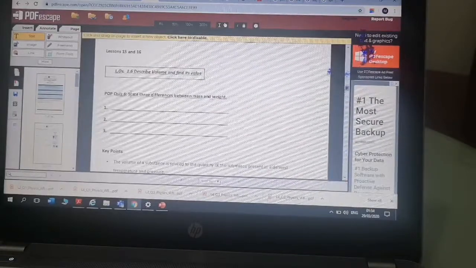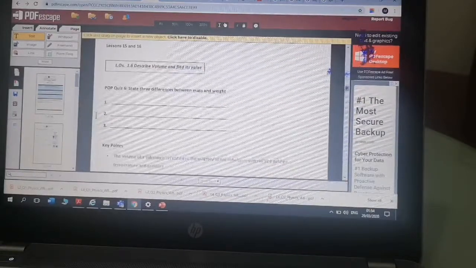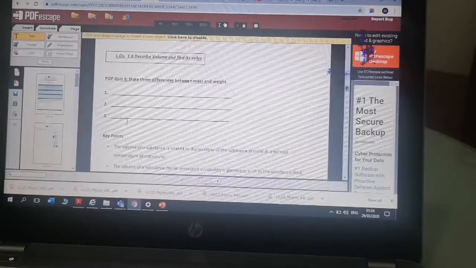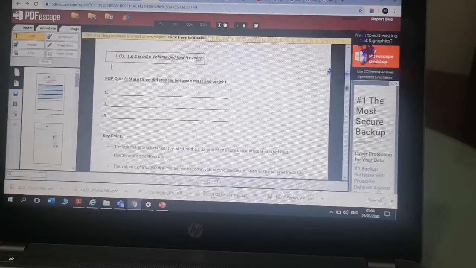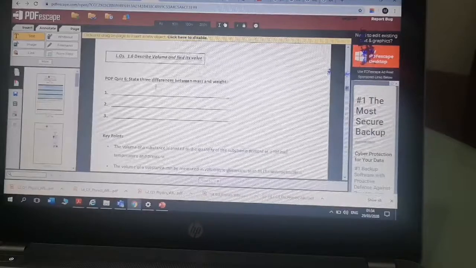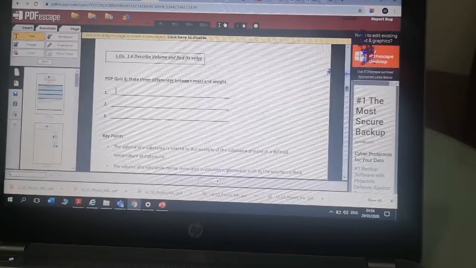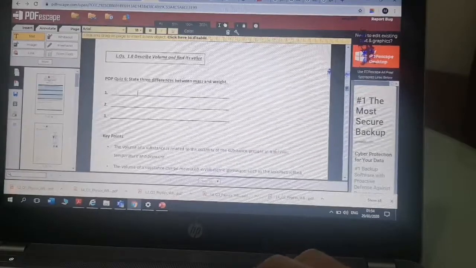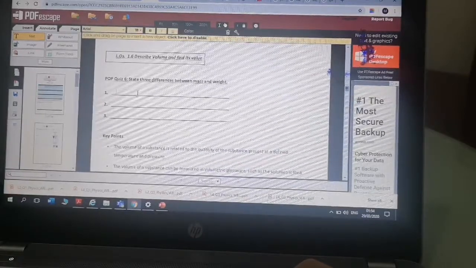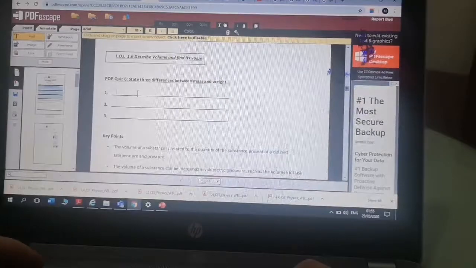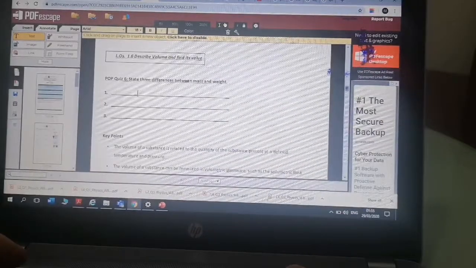Alright. So the first pop quiz is exactly what we just talked about. I'm not going to do all 3 with you. Maybe we'll do the first one together. So 3 differences between mass and weight. The first one that comes into my head is the units.